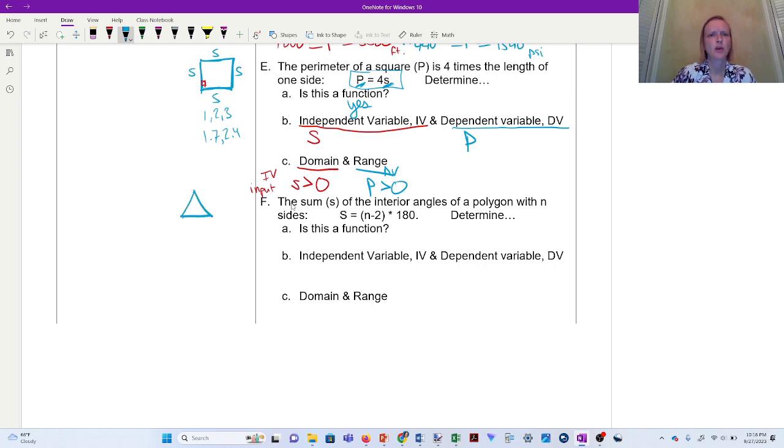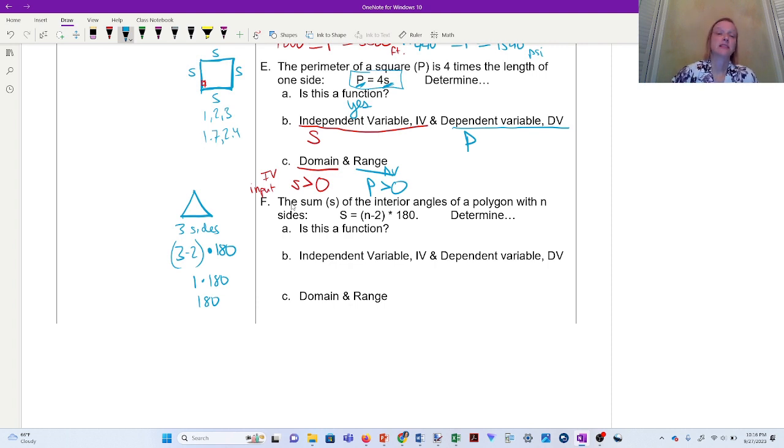If I just draw a triangle, this equation tells me that the sum of interior angles of a triangle should equal 180 degrees. Why is that? Because a triangle has 3 sides, and if I take that number, 3 sides, and subtract 2, and then multiply times 180, that gives me 1 times 180, which is just 180. So I can figure out what the interior angles add up to using this formula.